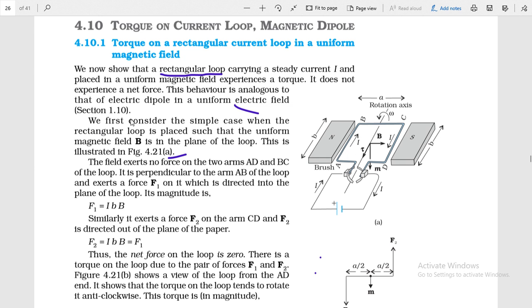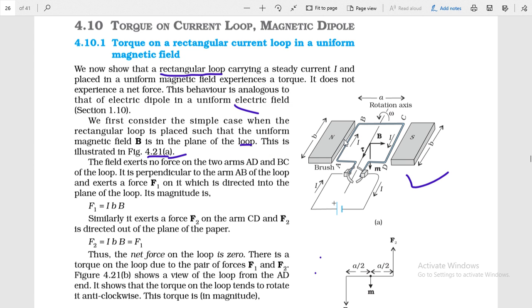You can see here, we first consider the simple case when the rectangular loop is placed such that the uniform magnetic field is in the plane of the loop. So here we are considering that B and the plane of the loop are in the same direction. This is illustrated in figure 4.21a. This is the diagram.